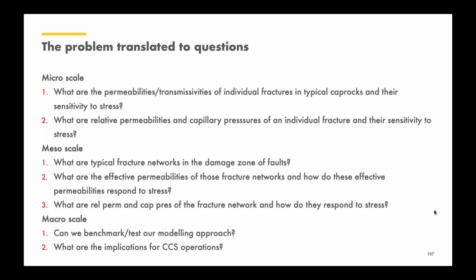If we then go to the mesoscale, we want to address the question, what are typical fracture networks in the damage zone of faults? What are the effective permeabilities of those fracture networks, and how do these effective permeabilities respond to stress? And then the same question as on the microscale: what are relative permeabilities and capillary pressures of these fracture networks, and how do they respond to stress?